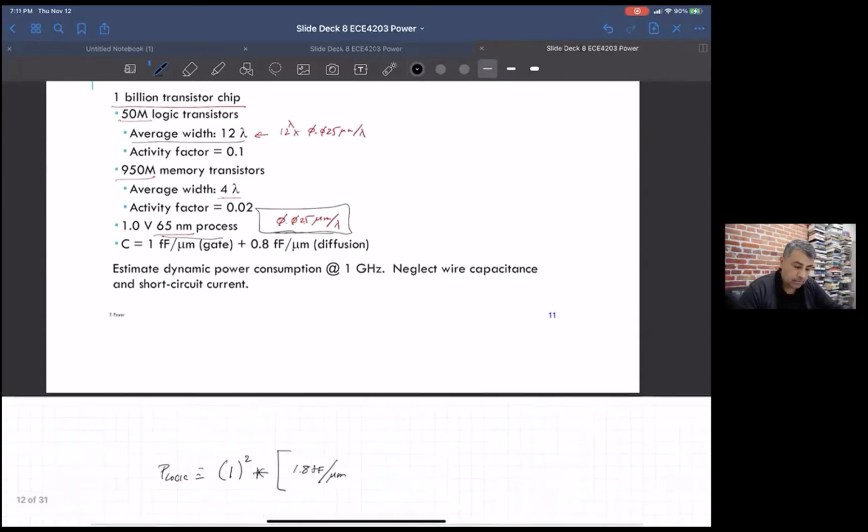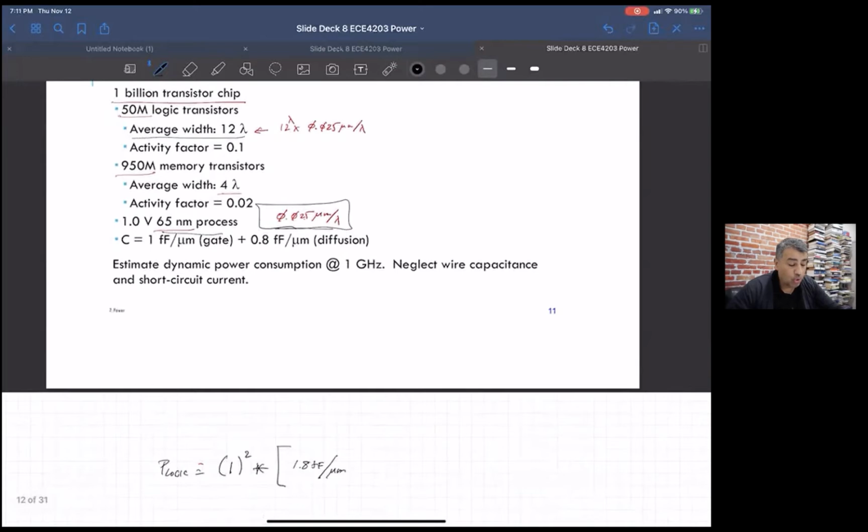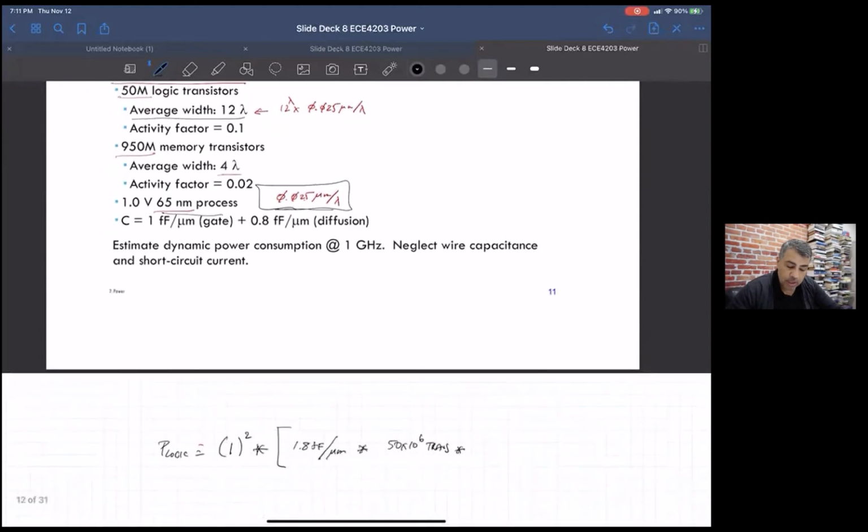So if you want to get the total width of all the transistors in the logic block, you say, okay, so the total width is, you got 50 million of these guys. And so that's 50 million transistors. You multiply it by an average width in lambdas, and then you multiply by 0.025 micron per lambda.